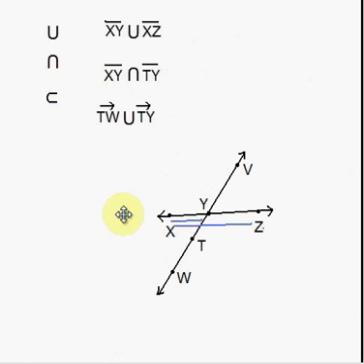Okay, what would be the union of ray TW? This is the ray, so it goes all the way infinitely in that direction. And ray TY, that is this ray right here.